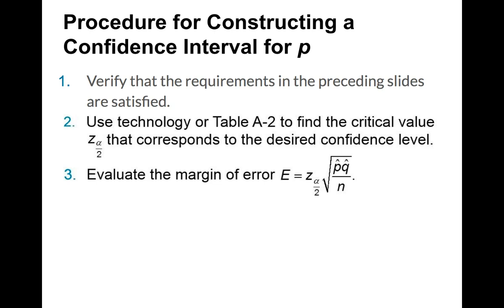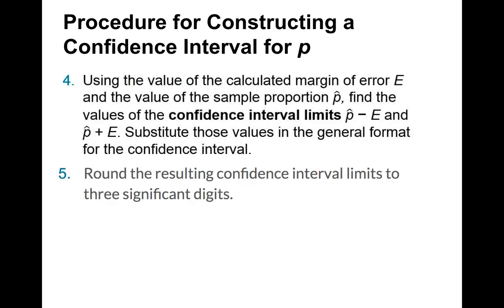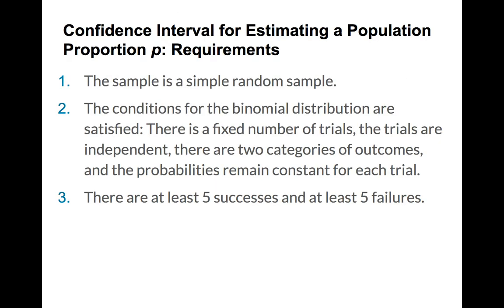Then you're going to figure out what your margin of error is. Once you've figured out your critical value and your margin of error, you're going to use that to construct your confidence interval by doing the sample proportion minus your error and sample proportion plus your error. And finally, you're going to round the result to usually 3 significant digits or whatever is specified for the individual problem. So, what are the requirements?